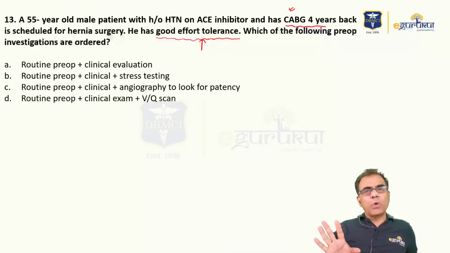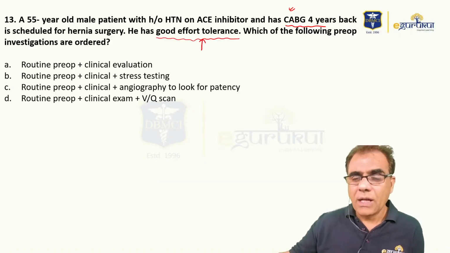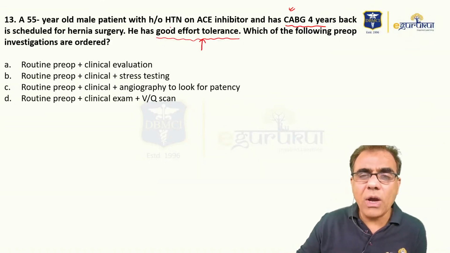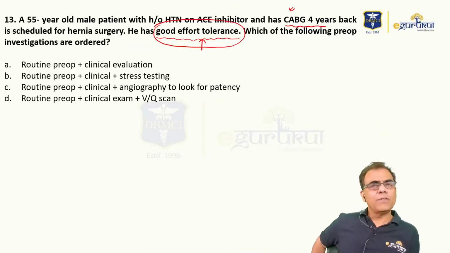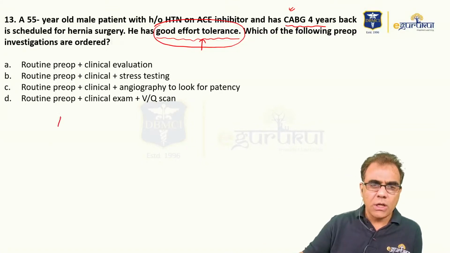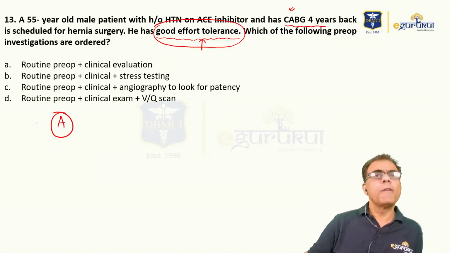Just clinical evaluation is enough. Yes, if effort tolerance is less than 4, then definitely we have to get a stress echocardiography for this patient. So this patient has undergone CABG and now has good effort tolerance. So I won't need any further hi-fi investigation in this patient. Simply your routine preoperative examination and clinical evaluation should be more than enough.